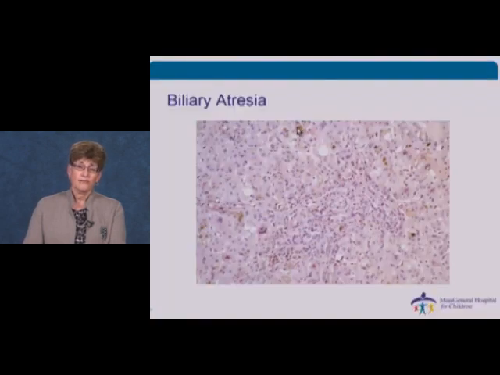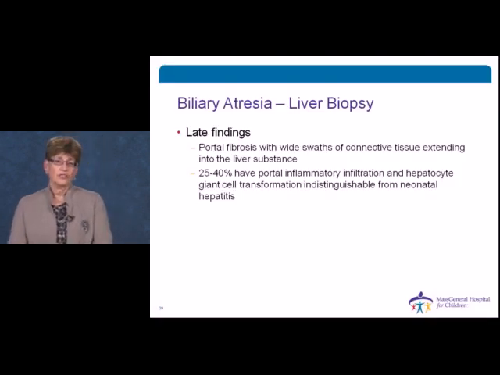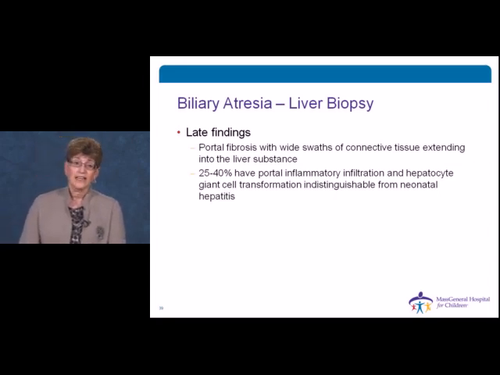So here you can see the bile stasis, the orange staining of the liver, and you have the bile duct proliferation here, these little ring-like structures as well. And then later on, there's portal fibrosis with wide swaths of connective tissue. We'll see that in the next slide, extending into the liver substance.